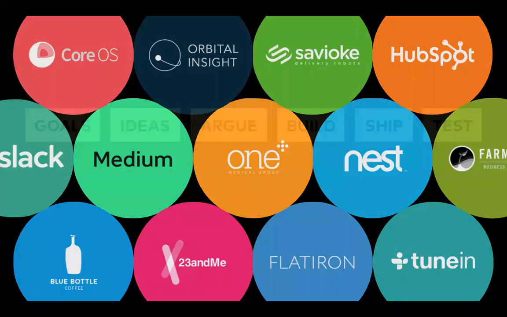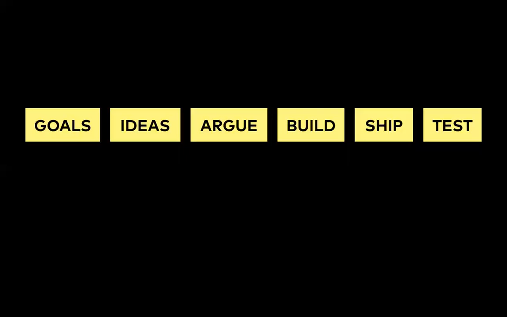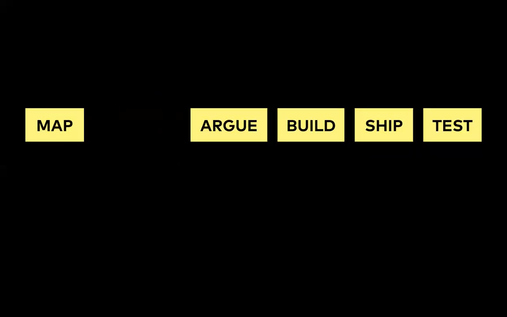And there were a few important changes from the process that I had seen previously in my career that enabled us to do the design sprint in 5 days. The first was that instead of talking about goals, we would actually map out the customer problem. Instead of brainstorming ideas, we would actually have each person in the sprint sketch their own ideas for solutions that we could build.